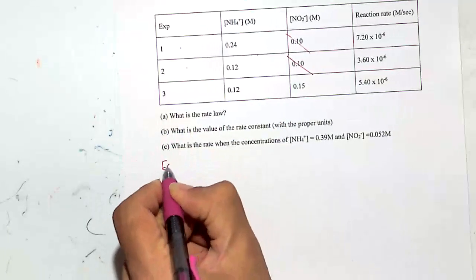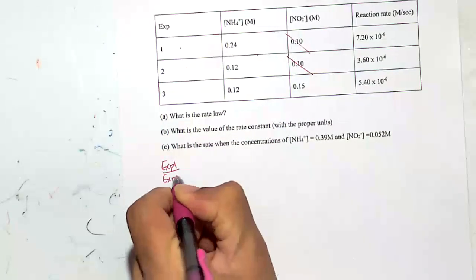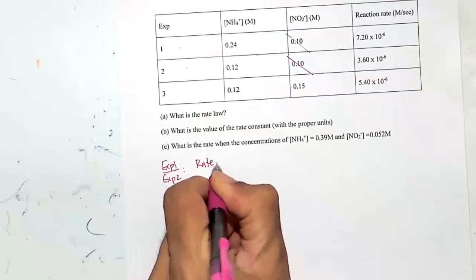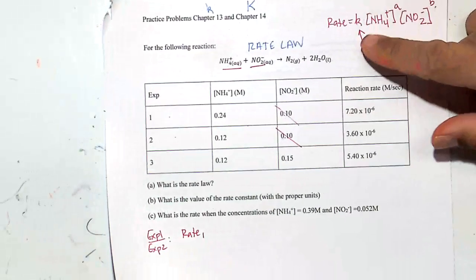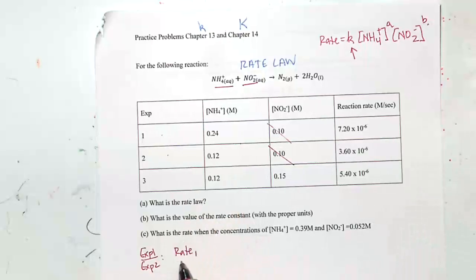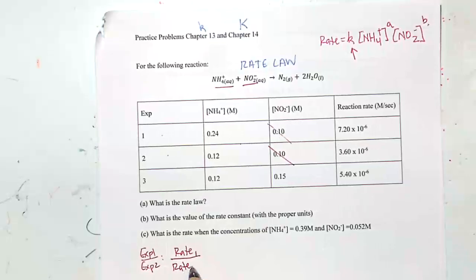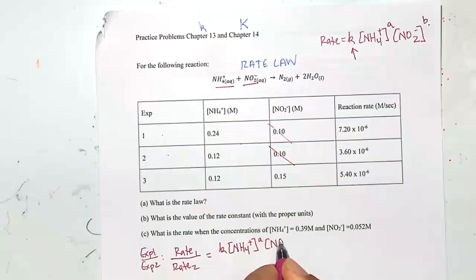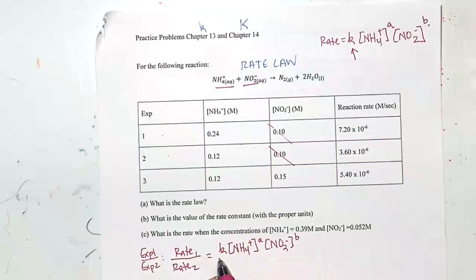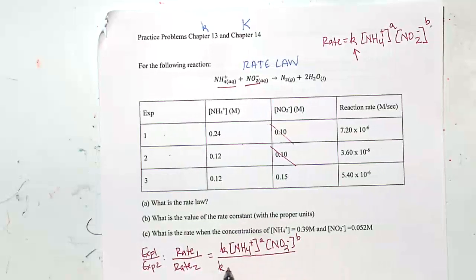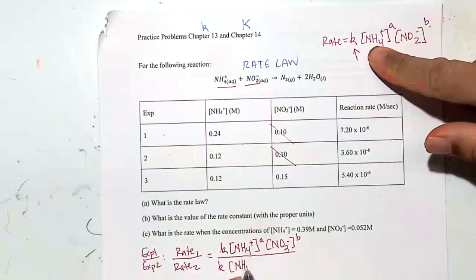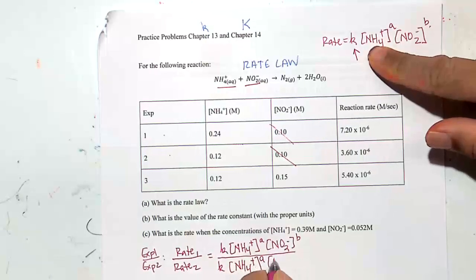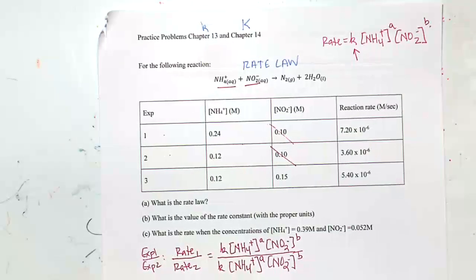So we will compare experiment 1 with experiment 2, which means rate 1 over rate 2 is equal to K times NH4 positive raised to the power of A times NO2 minus raised to the power of B. NH4 positive is called the ammonium ion, and NO2 minus is called the nitrite ion.